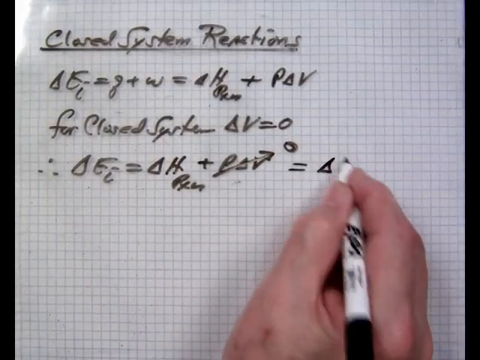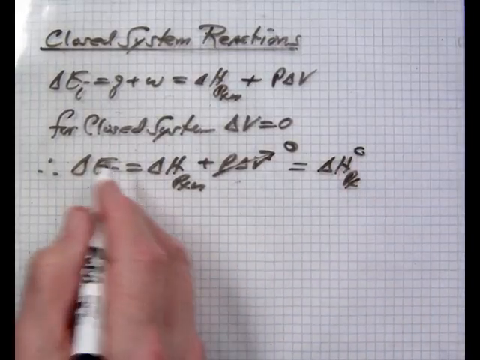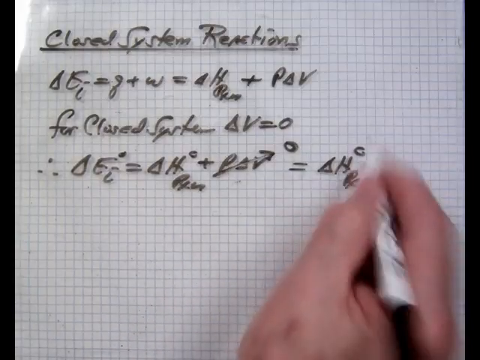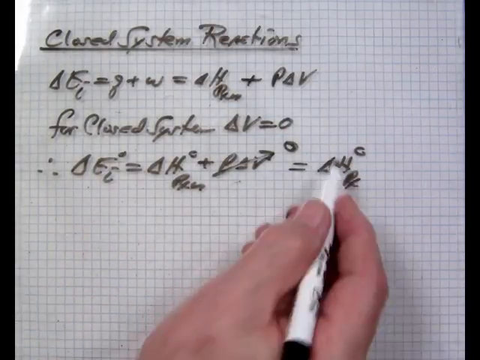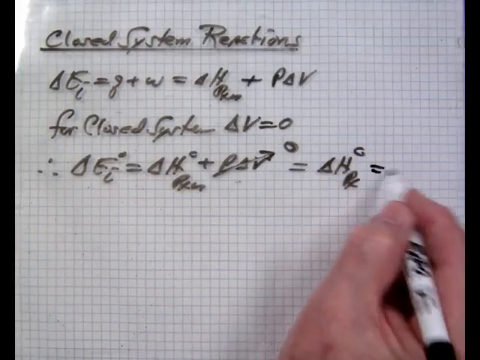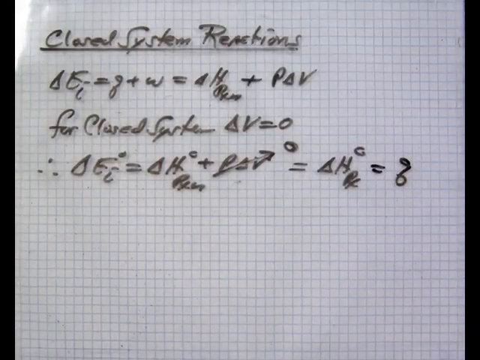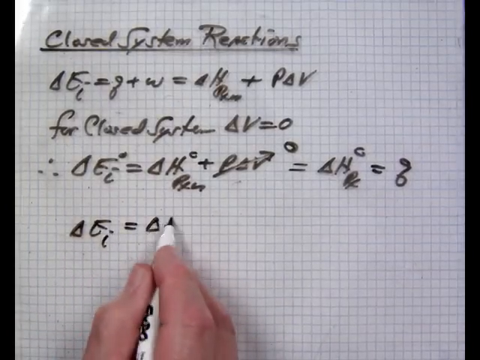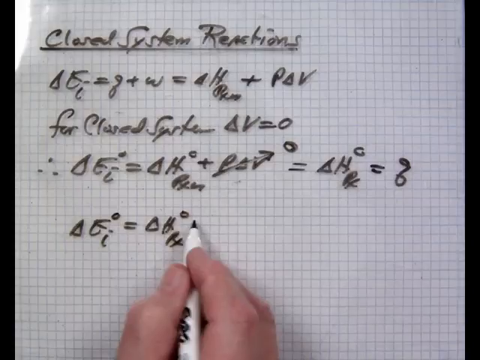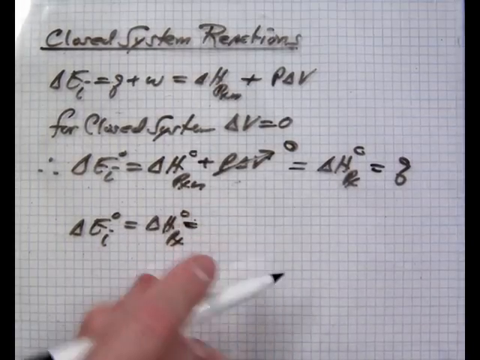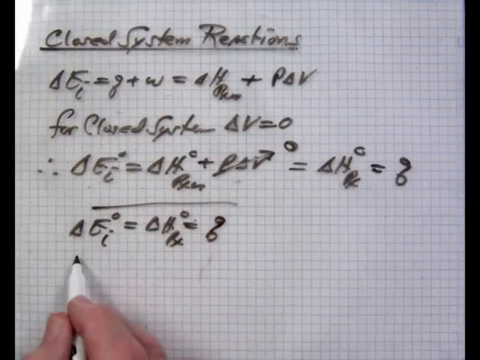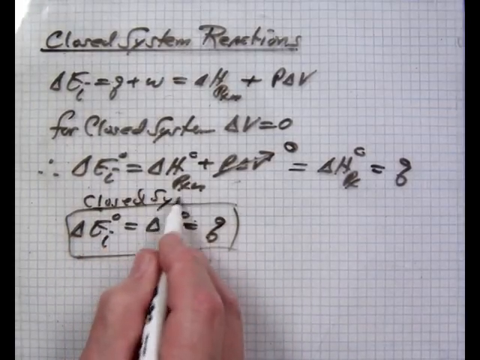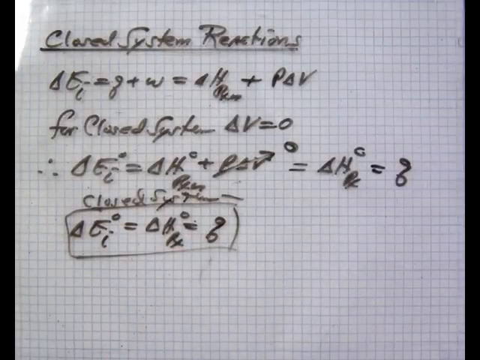Ultimately the heat of reaction at standard conditions that you calculate from Hess's law like we did earlier is just the heat of reaction here. So internal energy and heat of reaction are equal to Q. That's a closed system. Summarizing it real quickly, that's the closed system relationships.